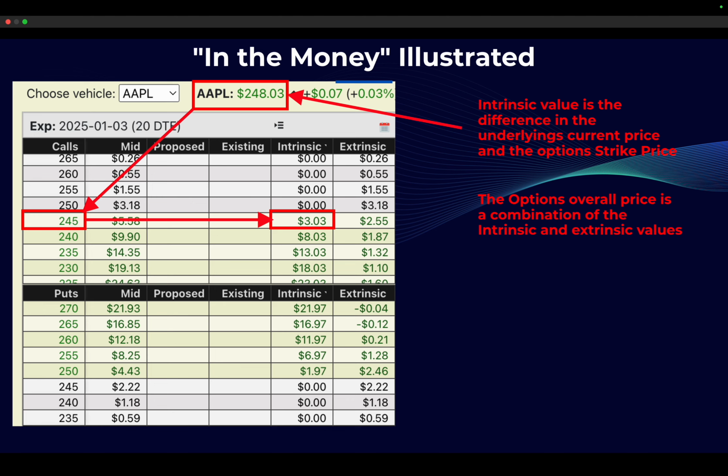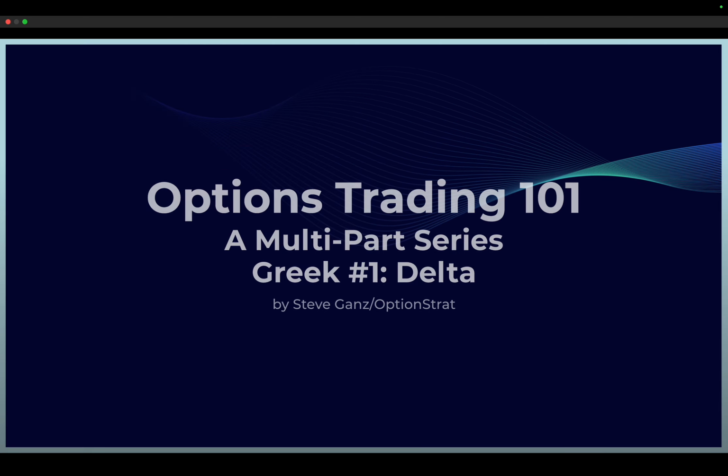So the overall option's price here of $5.58 is a combination of intrinsic and extrinsic value. So to see that in the put option down here, we can see that we have this amount of intrinsic value, this amount of extrinsic value. Those two combined give us the total price of the option.